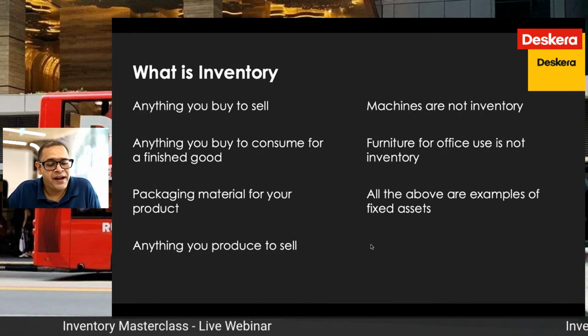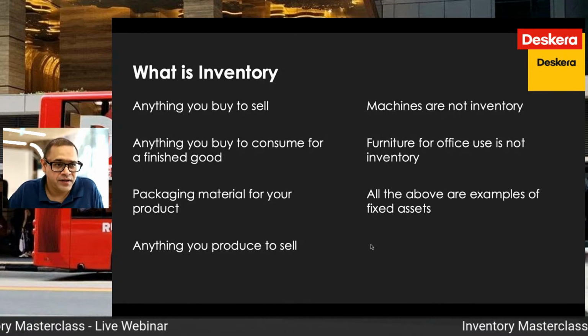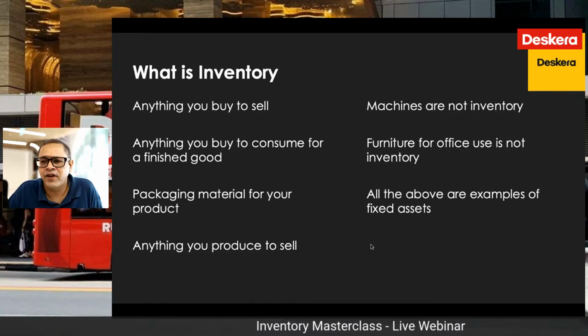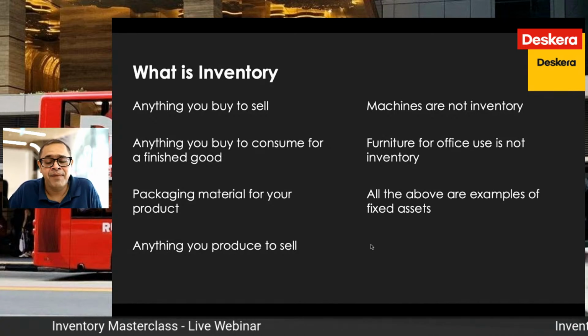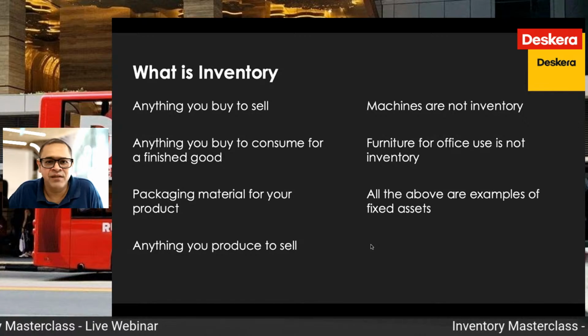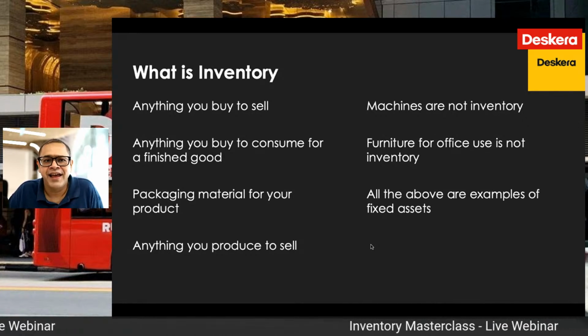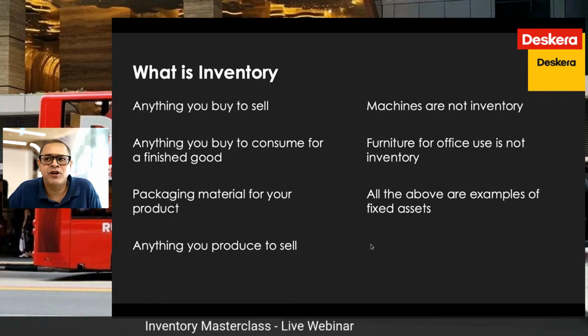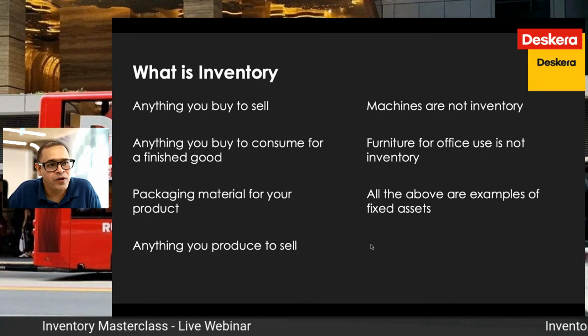Also anything that you buy to consume for a finished good. So if I am manufacturing something, for example a desktop, I buy the RAM, the hard disk, the keyboard, etc. separately, and then I don't ever sell the keyboards or the hard disk separately, but I only sell desktops.